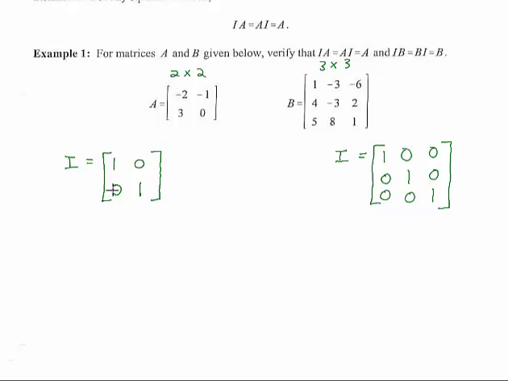What they want us to do is confirm that I times A equals A, and likewise A times I equals A. Just like if I took a real number, not a matrix, and multiplied 1 by 2 and then 2 times 1, the identity element multiplied from the right, either way you get 2.